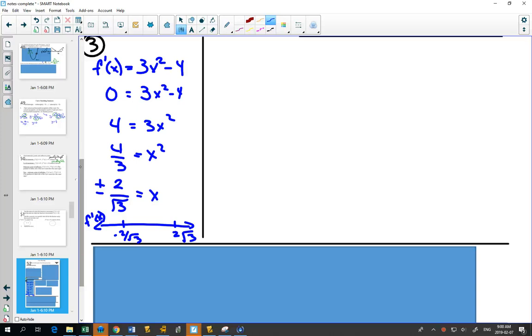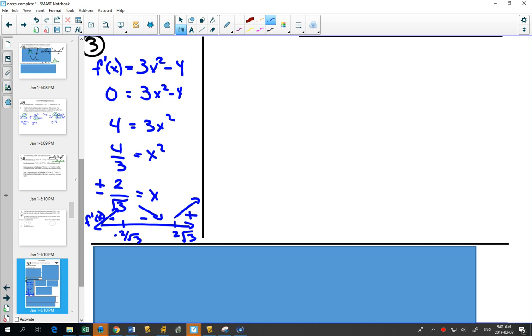Subtract 4 really doesn't matter. It would still be positive here. If I tried a number between negative 2 over root 3 and 2 over root 3, like 0, into my derivative, can you see that I'll get negative 4? Negative. And if I tried a very large negative number, well, squaring it will make it positive. Times 3 will still be a big positive number. It'll still be positive here. So I know this section's increasing, then decreasing, then increasing.